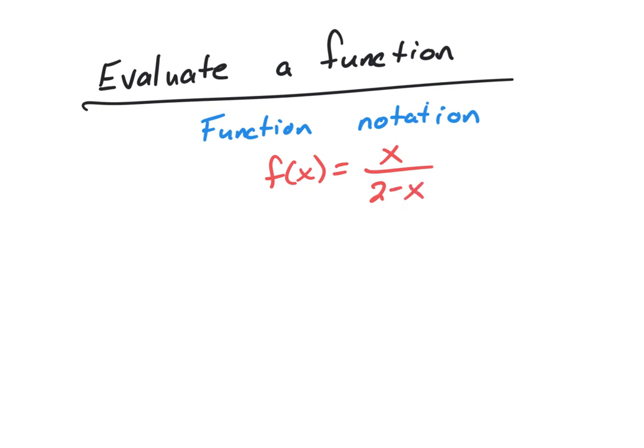This would be what we call function notation. The f of x simply replaces the y value. The y value no longer is there. It's the same thing, and I could rewrite this as y equals x over 2 minus x. But one of the purposes of using function notation is because if I wanted to generate a bunch of outputs, like a bunch of ordered pairs, or find out what the value of certain things is going to be, then using function notation makes it a little bit simpler.